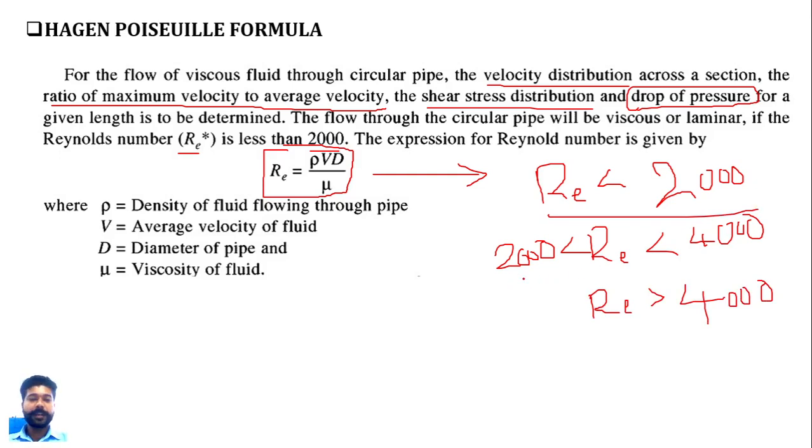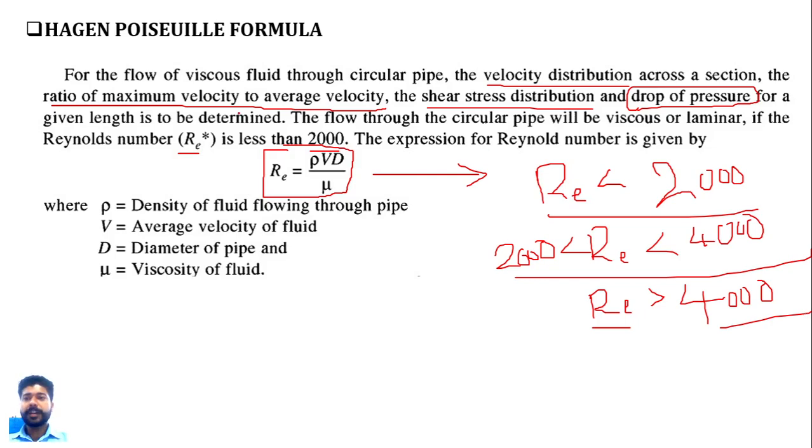When your Reynolds number is between 2000 and 4000, this type of flow is called transitional flow. And when your Reynolds number Re is greater than 4000, this type of flow is called turbulent flow. This theory was covered in the previous session in detail with the experimental view.